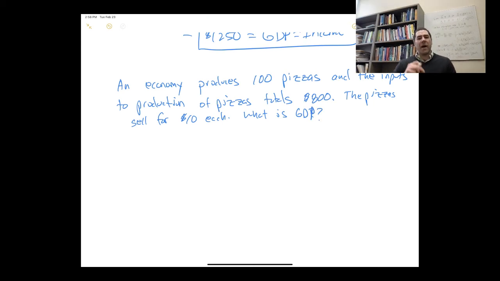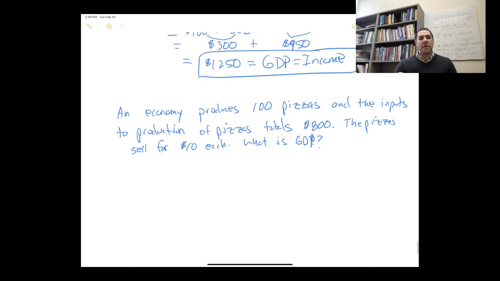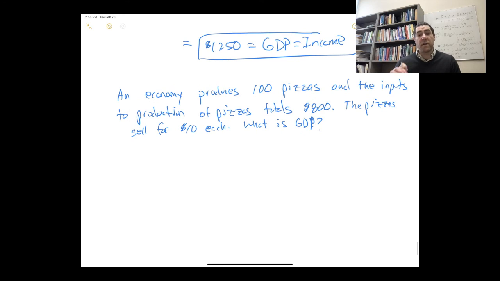Right? And so I have to be very careful to understand how I use the information provided. Now I know, given my examples, that I only want to focus on the final good or service. So I don't want to add in the value of intermediate goods, but I have to know when I have the price and quantity of a final good, and then I don't have to mess with the value of the intermediate goods.